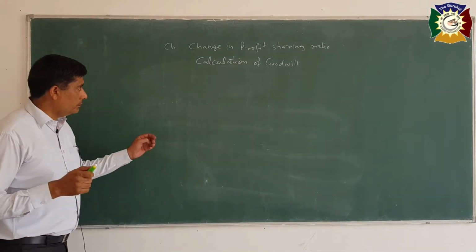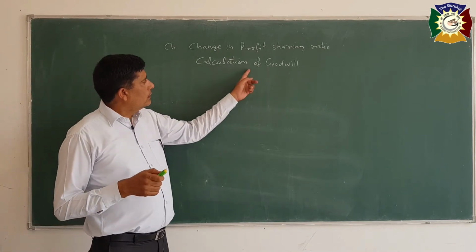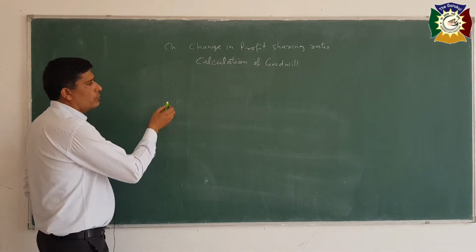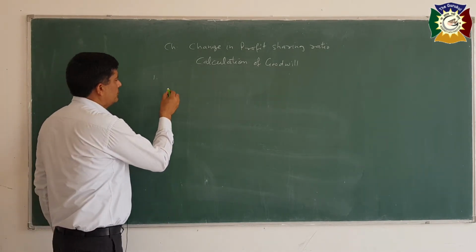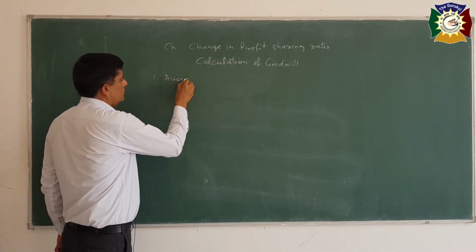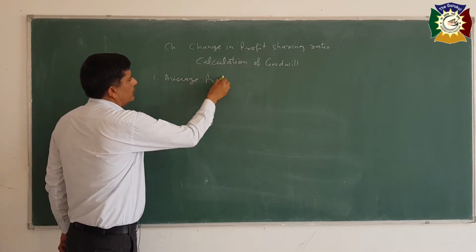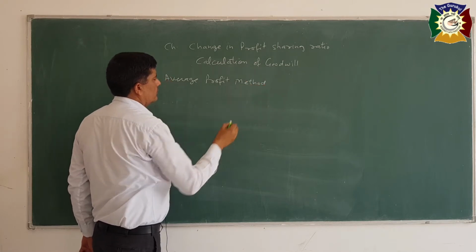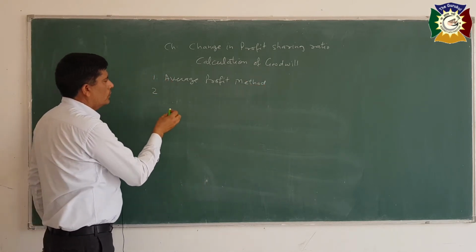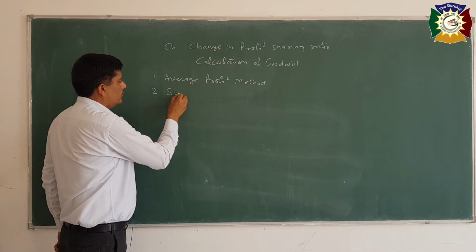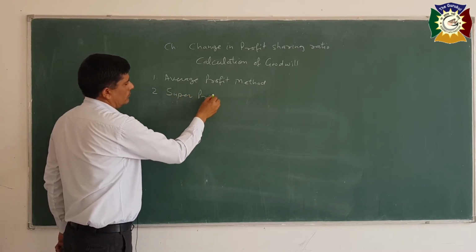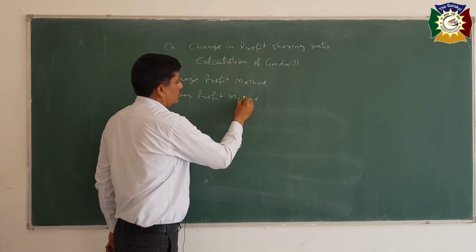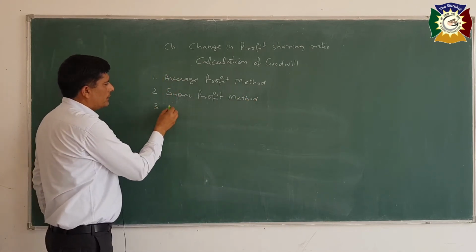Okay, now we will study the calculation of goodwill. To calculate goodwill, there are 4 methods. First, average profit method. Second, super profit method. Third is capitalization method.